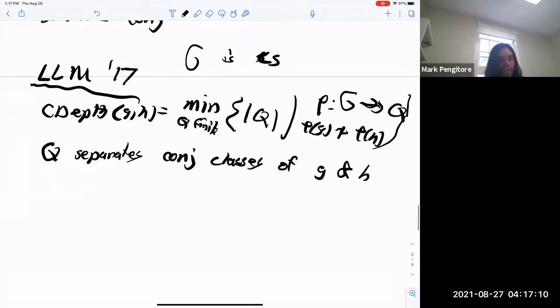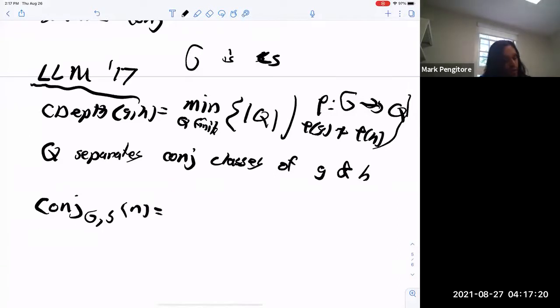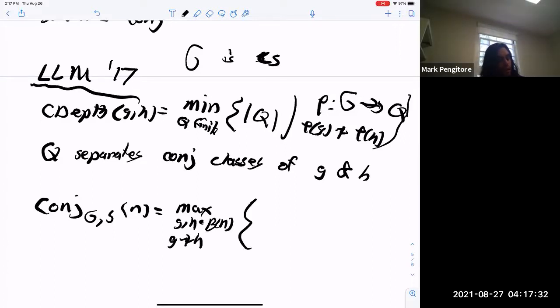And continuing this picture, we have our conjugacy separability function, which is well defined up to asymptotic growth, independent of generating set. What we do is we take the max over all elements G and H in the n ball, where G is not conjugate to H, of the conjugacy depth function.